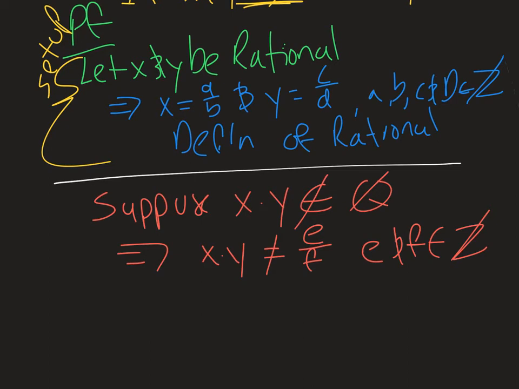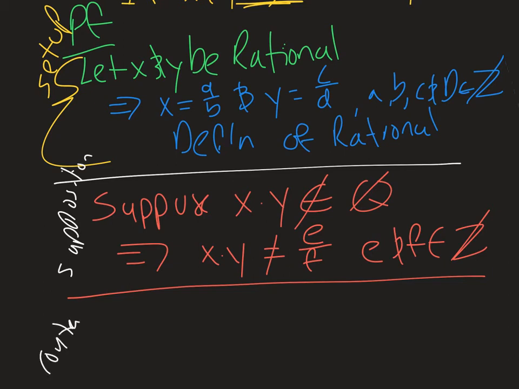Now I move on to the third phase of contradiction. There's two ways you can go with this. You can build off of your supposition and somehow violate the original, or you can build off of the original and somehow show that the supposition can't be true.